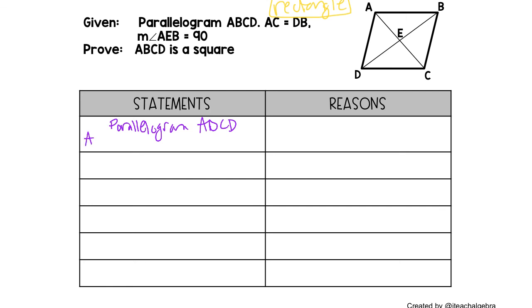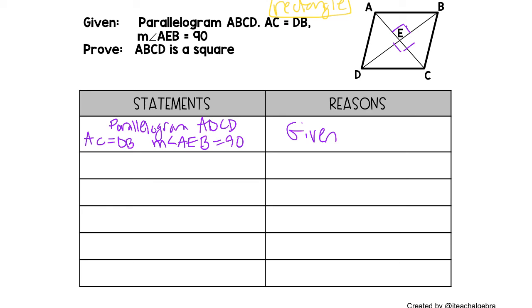We're given AC is equal to DB, and the measure of angle AEB is equal to 90. So let's fill that out. Parallelogram ABCD, and AC is equal to DB, and AEB is 90. Those are all given facts.